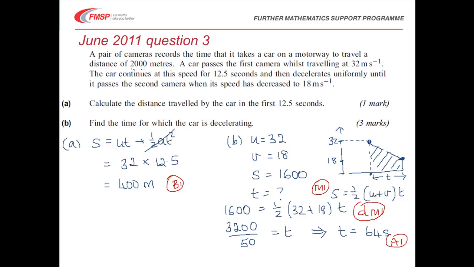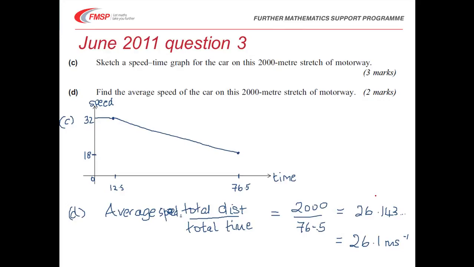So 4 marks for A and B, and then if we look at parts C and D, when it comes to part C, there were 3 marks for that. You got 1 mark for the shape, the correct shape. You got another B mark for the correct velocities. And then you also got a mark for the times. So just make sure that you do remember to label your graph.